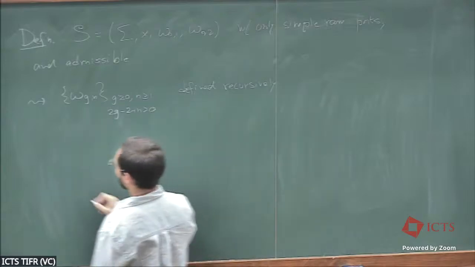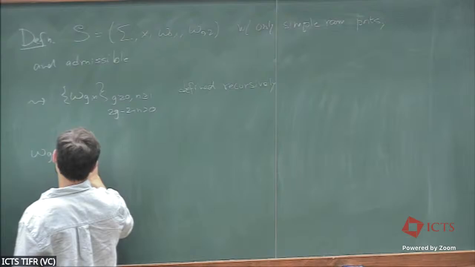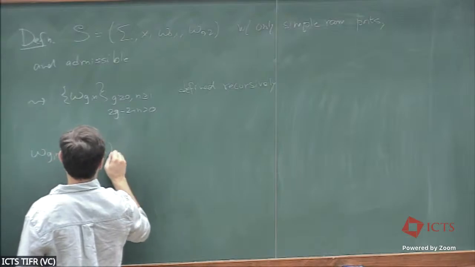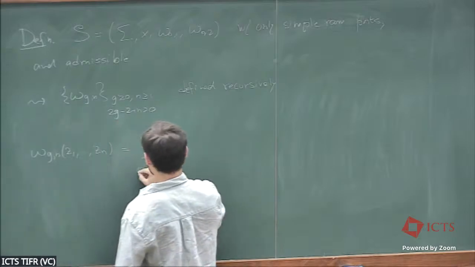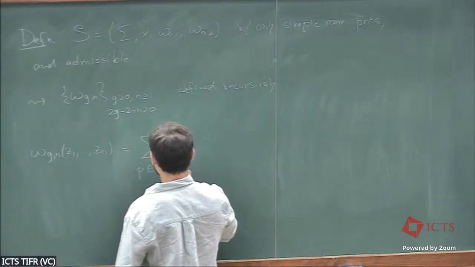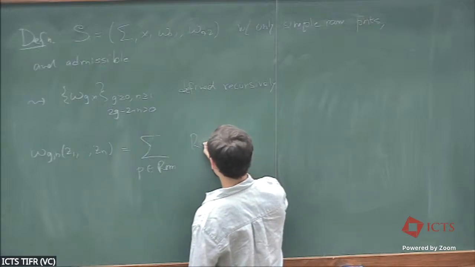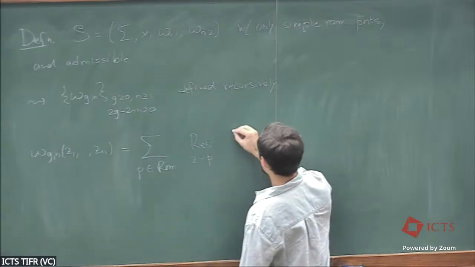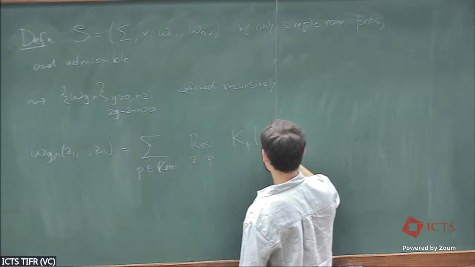as follows. So omega g,n of z1 to zn is defined as the sum over p that runs over the ramification points. And then I take the residue for z at p of a certain expression that I will define in a second, called the recursion kernel.